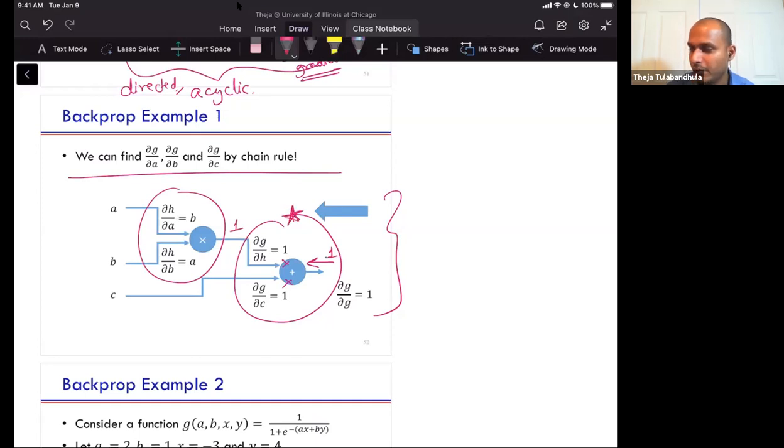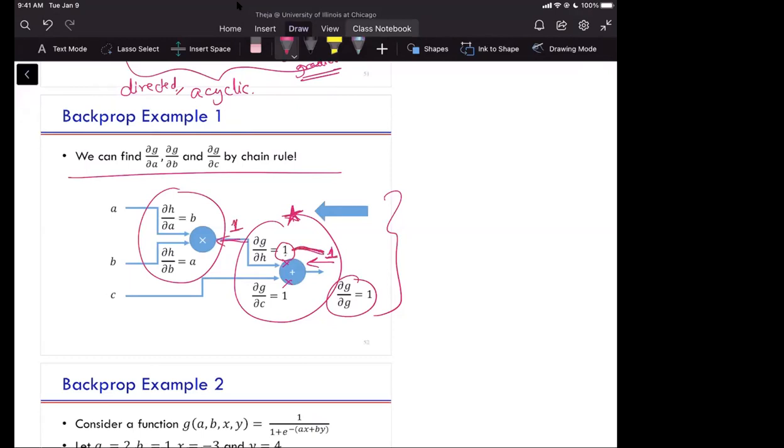For any graph, we'll by default take the last thing to be always 1. The local gradient of g with respect to g by definition is equal to 1, and the incoming gradient here is 1, local gradient is 1. Therefore, the gradient that needs to be passed on to its predecessor or its parent is equal to 1. Okay, 1 times this, 1 times this one, these two.